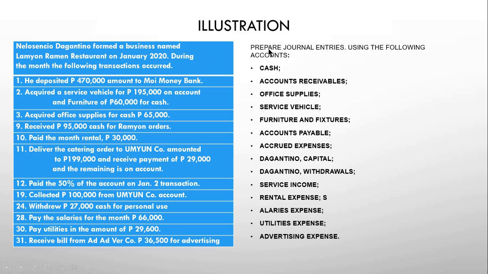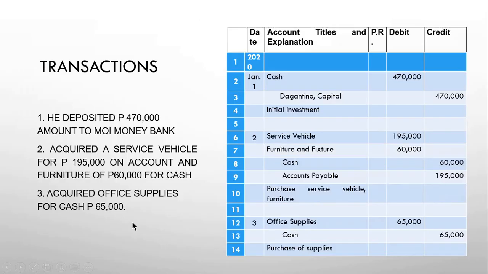And then, it says to prepare journal entries using the following accounts. So it is important na pag nag-prepare tayo ng journal entry, the accounts that we should use is the provided chart of accounts. Hindi kasi tayo pwede gagawa ng kahit anong chart of accounts na lang. So ipoprovide yan. Ayan. So ito daw yung mga affected na accounts at ito daw yung account titles na gamitin natin for these transactions. Okay? Ayan.